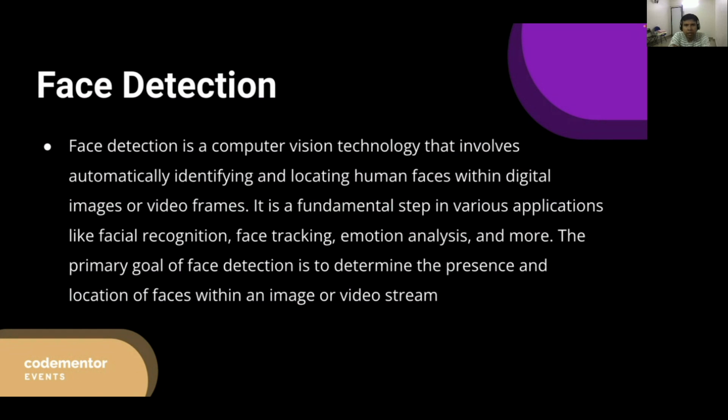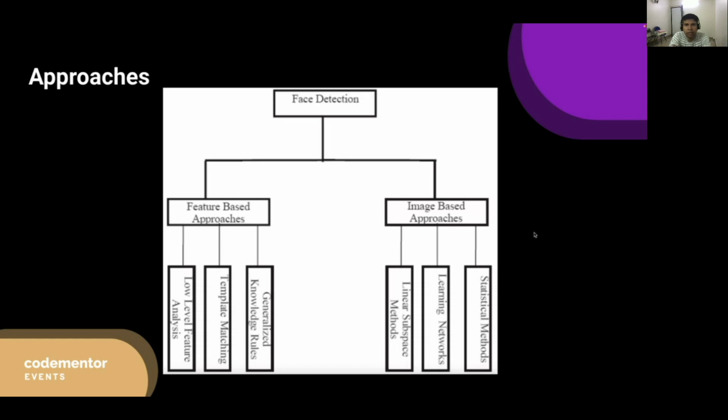There are multiple approaches for this. We classify them into two parts: feature-based approaches and image-based approaches. Feature-based approaches are further classified into low-level feature analysis, templates, where we have a template of a face, or some rules such as bounding box rules, or we can apply support vector machine (SVM) learning.